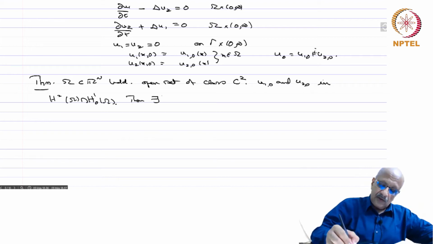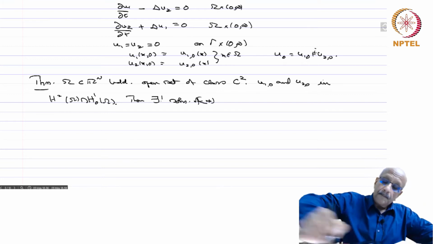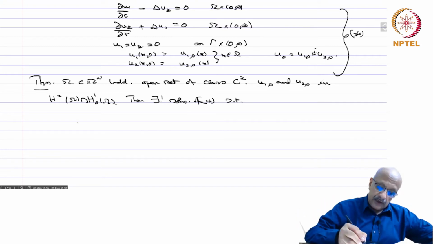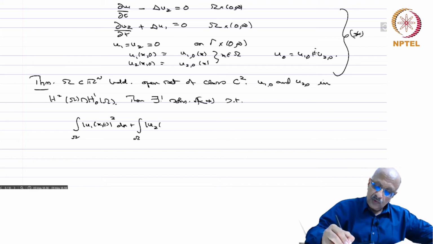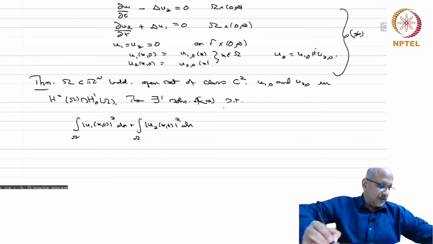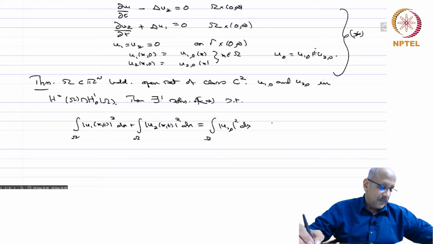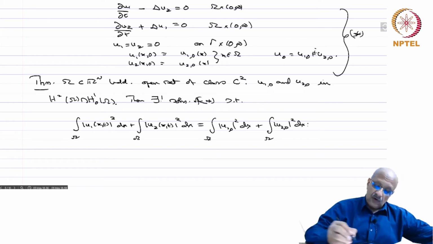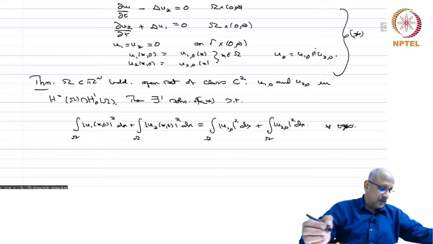Then there exists a unique solution of (*) such that the integral on Ω of |u1(x,t)|² dx plus the integral on Ω of |u2(x,t)|² dx equals the integral of |u10|² dx on Ω plus |u20|² dx, for all t greater than 0. So, this is the theorem which we have.